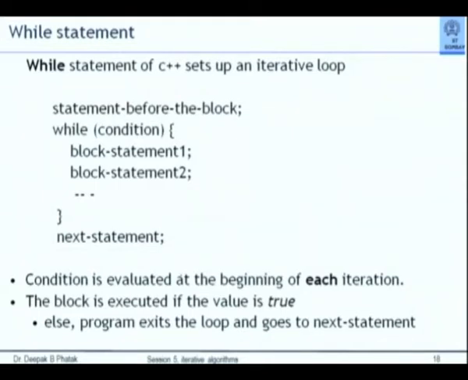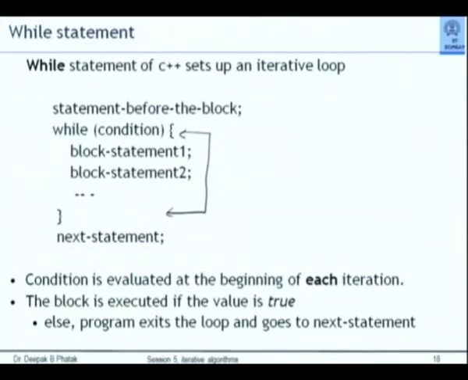The while structure syntax is something like as shown here. There will be some statements before the block. The block itself is written here. This is the block. So, for example, our statements like if A greater than max, etc., they form the block.